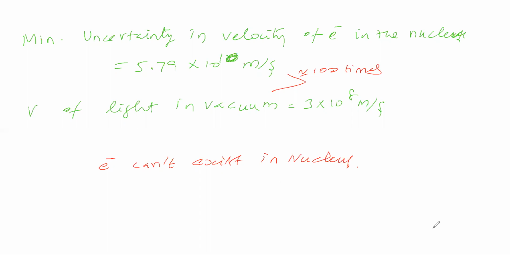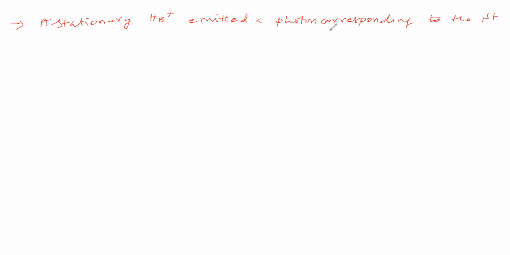Let us go to the next problem. A stationary unipositive helium ion emitted a photon corresponding to the first line, H alpha of the Lyman series.